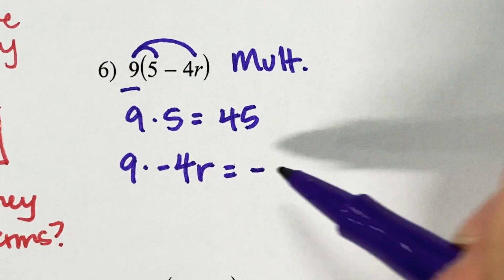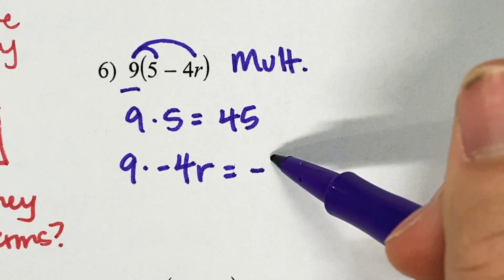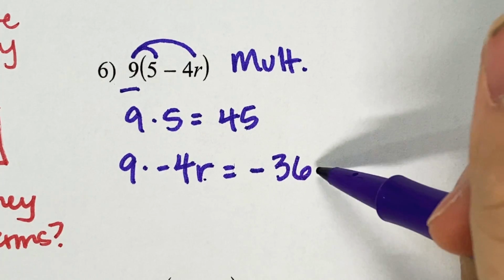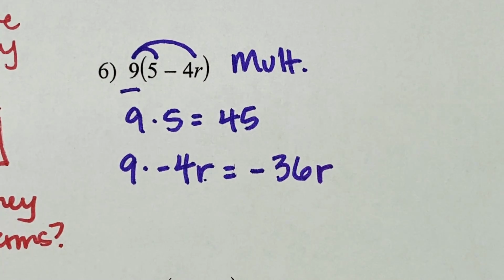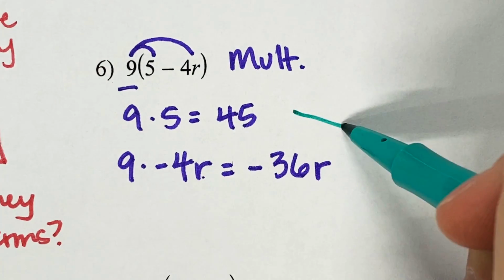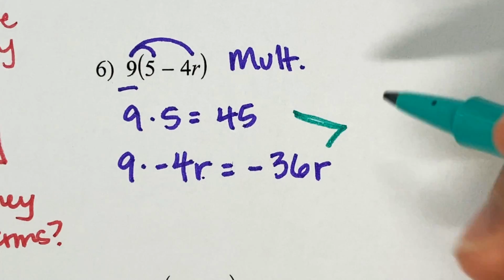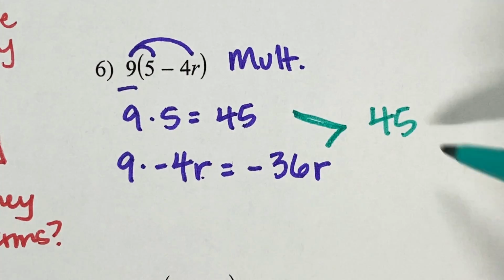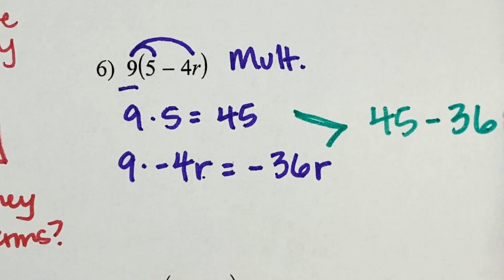It's going to be a negative. 9 times 4 is 36. And then I had 1r that was being multiplied, so just 1r. Now that these are just pieces, we have to write them out together. So we had a positive 45, and then a minus 36r.